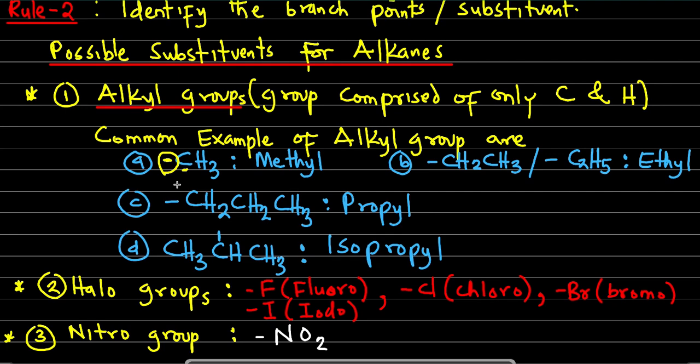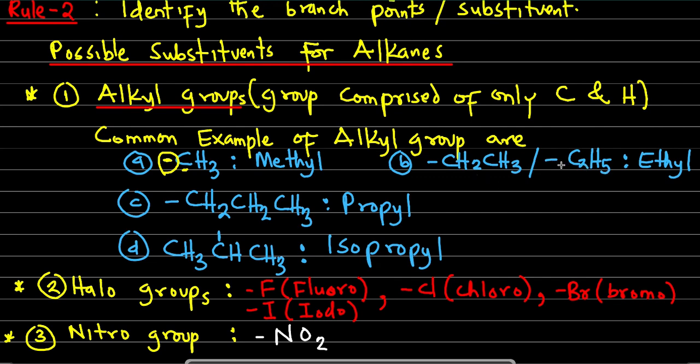Okay, we have the second one, B. If it has 2 carbon atoms and hydrogen, it's going to be ethyl. An alkyl group that has 2 carbon atoms can be written as CH2CH3, or better still, as C2H5.